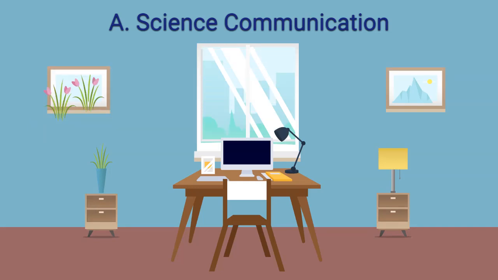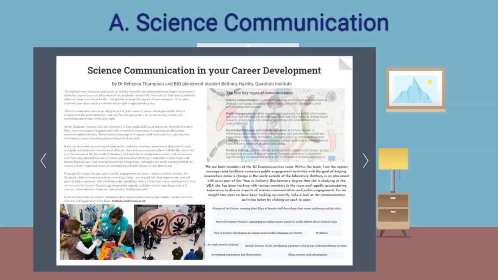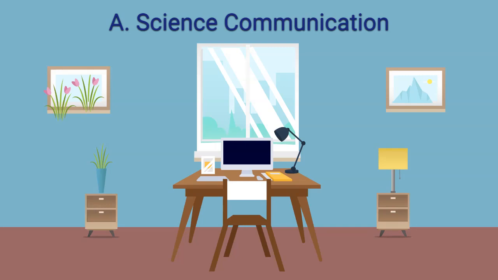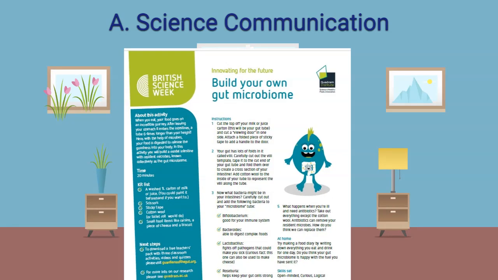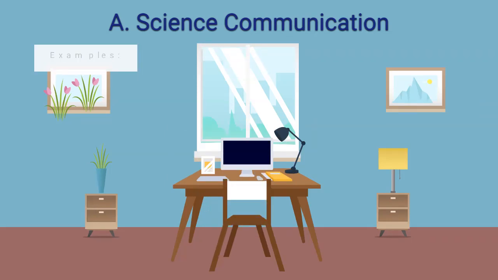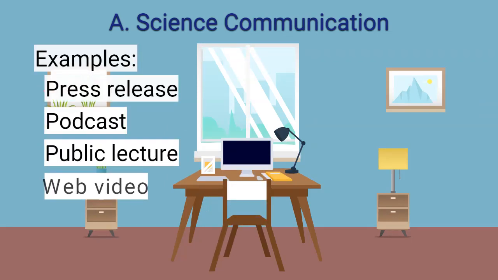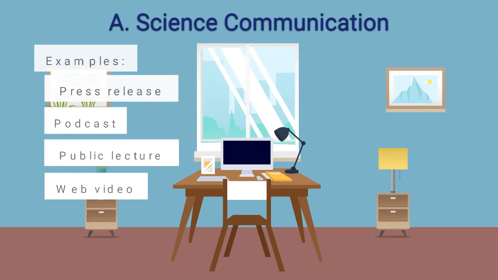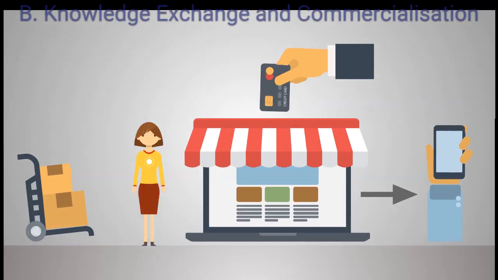It can also include activities which aim to inspire the next generation of scientists, or which aim to equip young people with the tools and knowledge to aid them in future debates around science and technology. Examples of science communication would include press releases, podcasts, public lectures, and web videos.